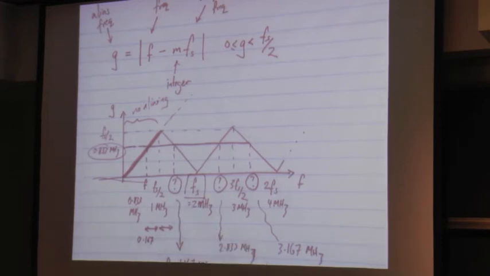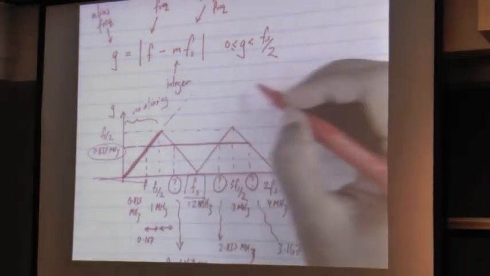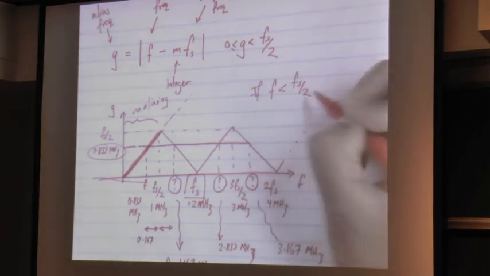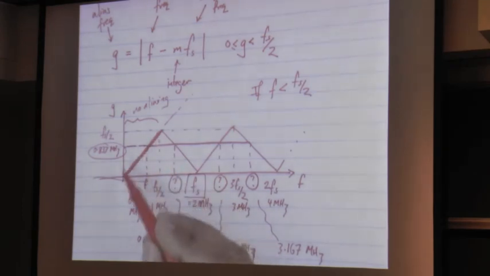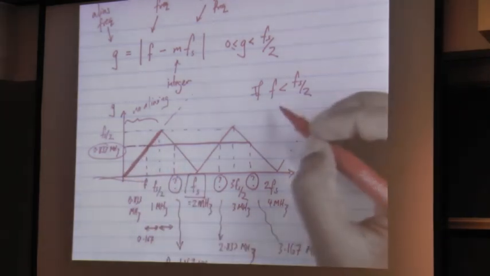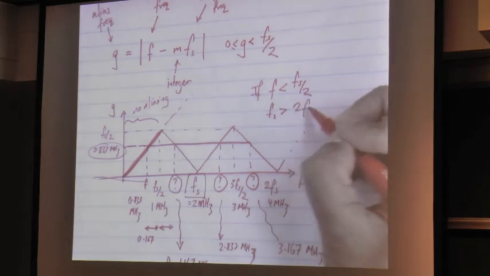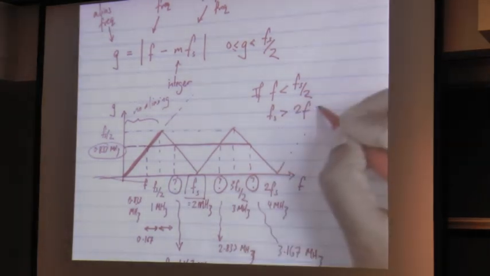So let's now connect what I was just saying to Nyquist sampling, right? As long as f is less than fs divided by 2, then no aliasing happens, right? Which is the same thing as saying that fs is greater than 2f, which is f Nyquist.